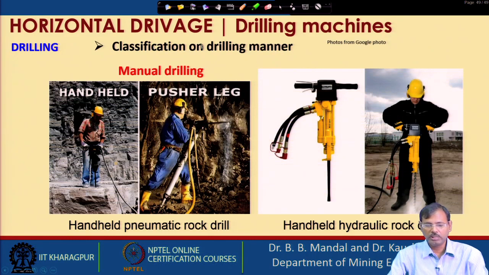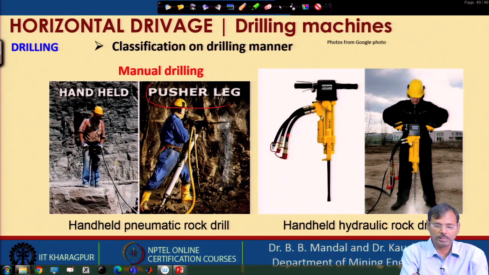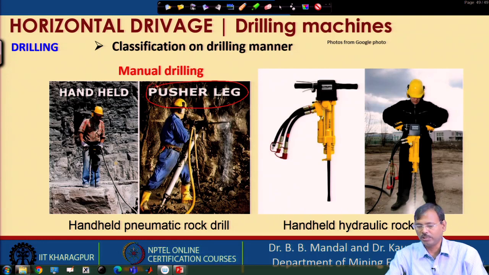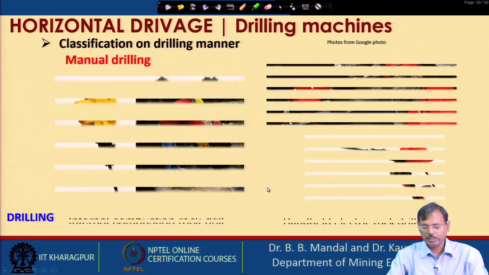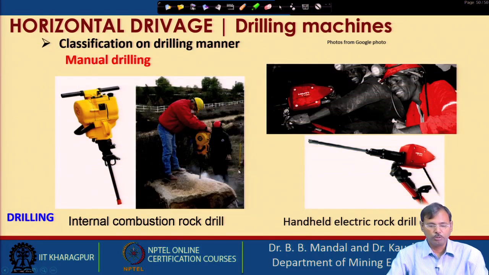You can see these are the different handheld drill machines. For doing it horizontally or in the upward direction, generally pusher legs are used, so that the weight can be taken by the pusher legs. These are either electrically operated or pneumatically operated drills are available. So, these are the handheld electric drill.